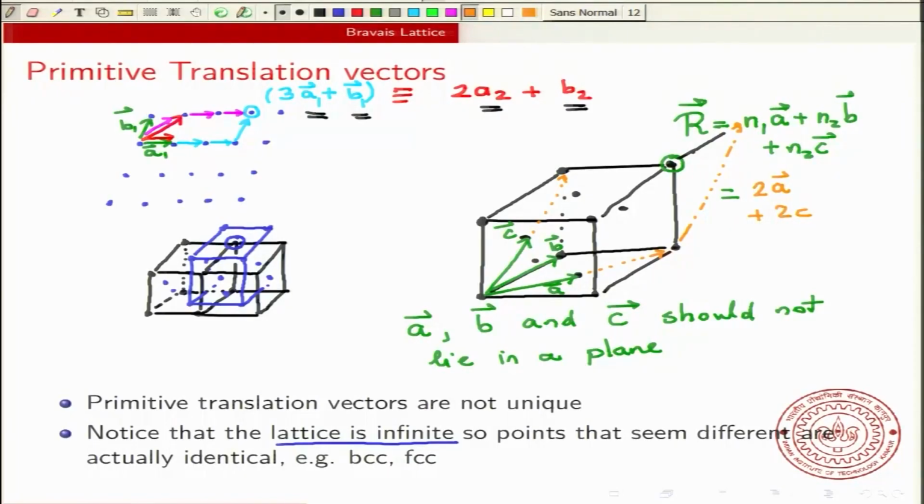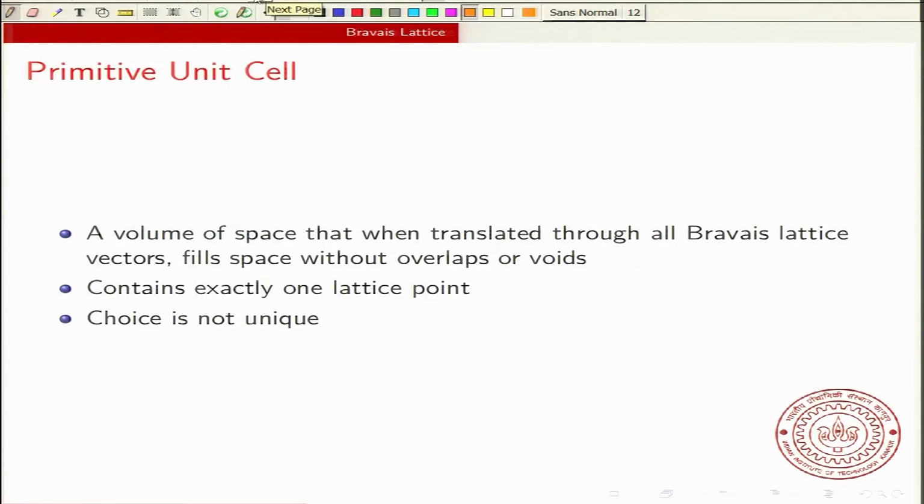It will take me to the point on the cell that is directly behind, and then I bring it back here. So that is minus B. So 2A minus B plus 2C will correspond to this point, which I show in orange. And you can write any lattice point as a combination of these primitive translation vectors.